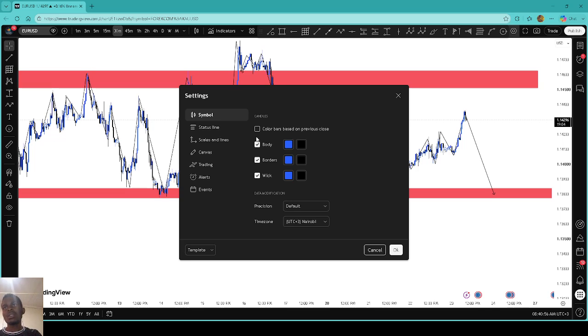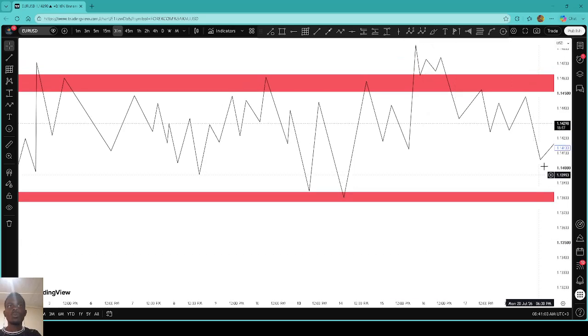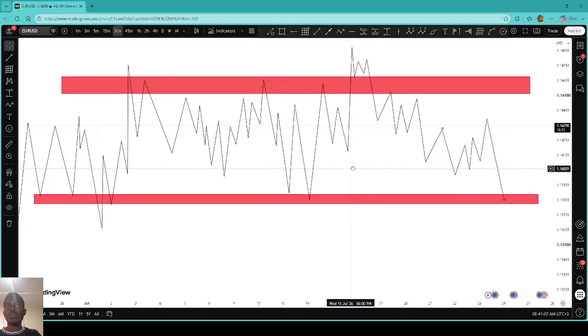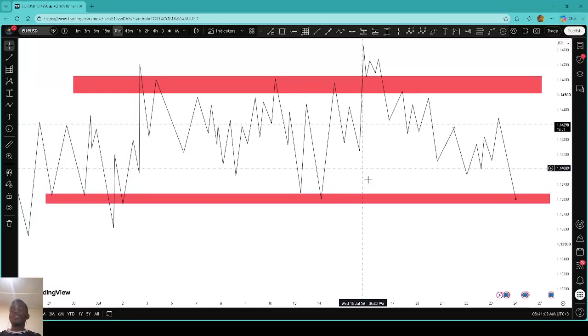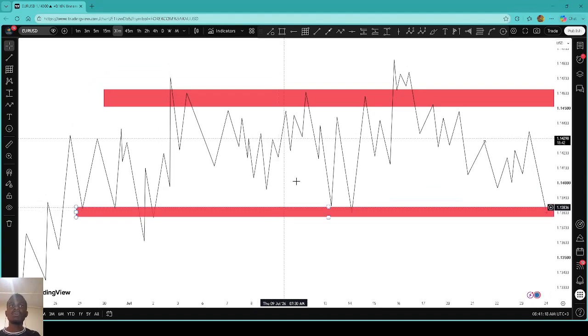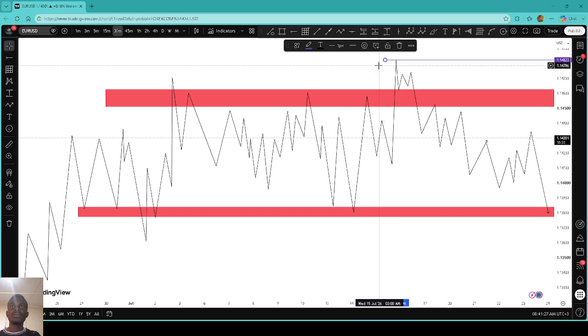Now let's look at it in the drawing manner without the charts. You see how price has been moving? A lot of story, but still in the same range. So for me personally, I always consider a range.